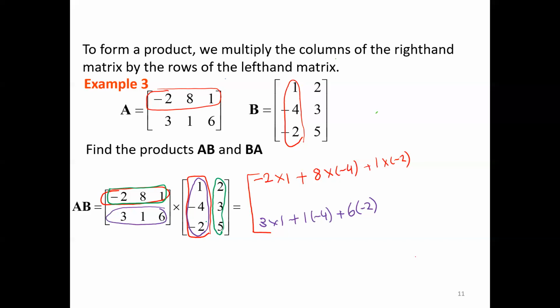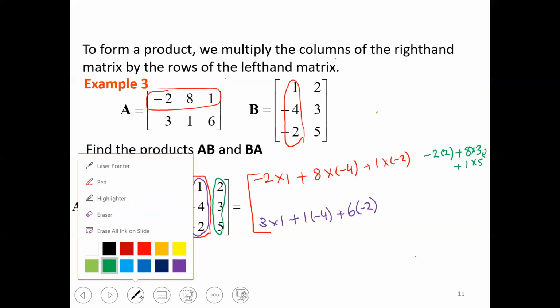So this is going to be -2 times 2 plus 8 times 3 plus 1 times 5. And for this one, let's change the color.